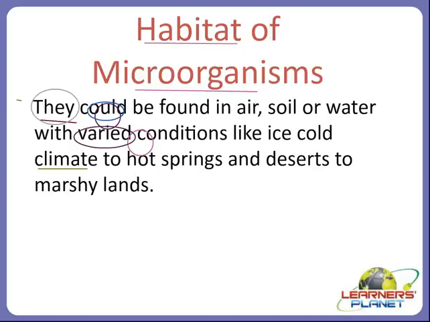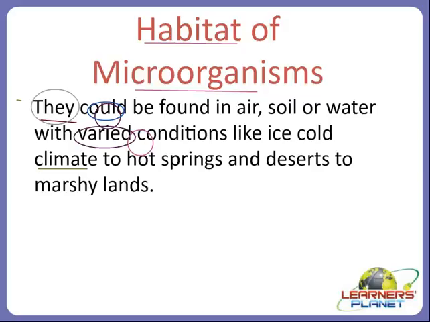So microorganisms, we said these are the little living organisms which could not be observed by the naked eyes. So that means the size of these organisms is very low. It is in microns, and therefore they are called microorganisms.